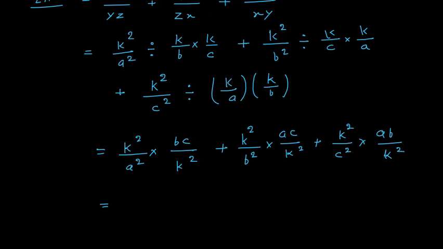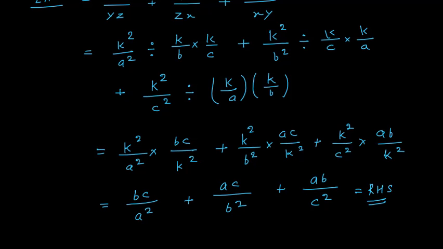So you see this k square will cancel, and here we have bc/a², plus this k square will cancel, and here we have ac/b², and similarly k square cancels, and here we have ab/c², and this is your RHS.